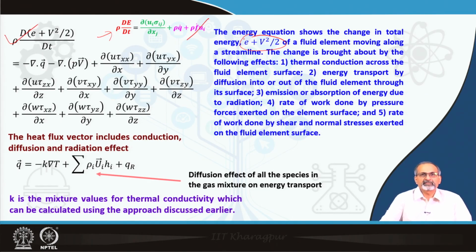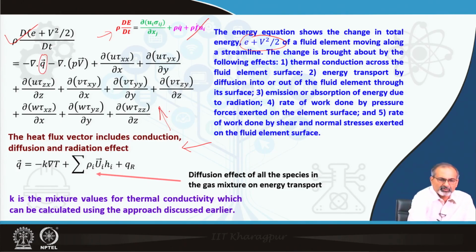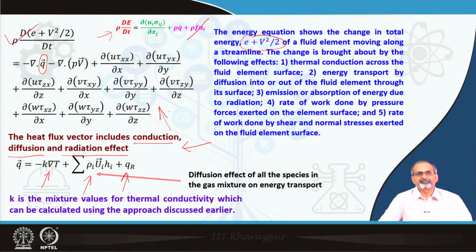All these effects figure in an equation like this over here, where the effects become more appropriately visible when we define the heat flux vector, the q vector, in terms of its components, which include conduction, diffusion and radiation effects. The conductive effect is shown here, the diffusion here and the radiative effect over here.